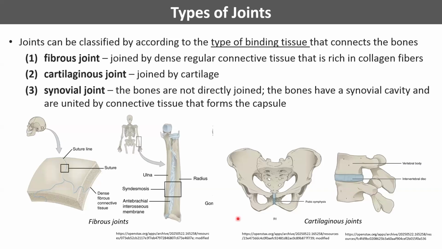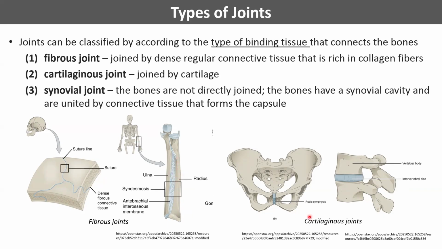Usually the joints that move very little are connected by fibers, like connective tissue rich in collagen fibers. Like here, for example, the sutures of the skull that I just mentioned, or our ulna and radius in the arm are connected very tightly, and there's almost no movement.